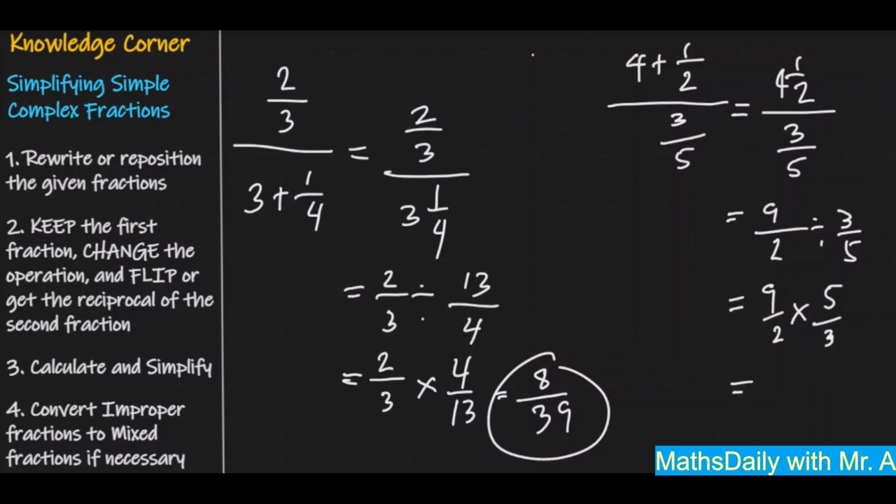This will give us 45 over 6. We can also write this as 15/2. Now since our final answer is an improper fraction, we can convert this into a mixed fraction. 7 and 1/2. This is our final answer.